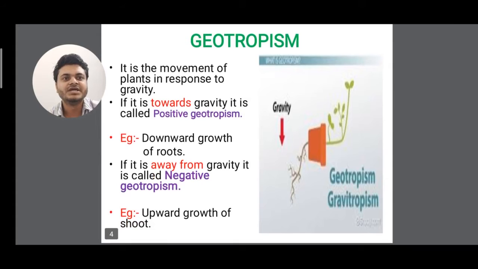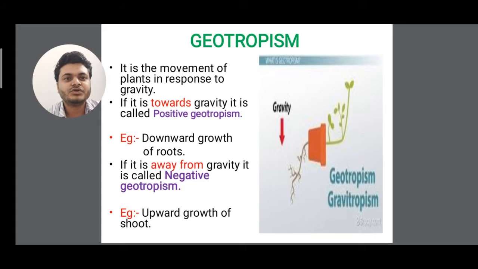Next, geotrophism. The word geo means what? Gravity, isn't it? So it is a movement of plant in response to gravity, and if it is towards the gravity, it's called positive geotrophism. Same thing as previous. If it is away from the gravity or against the gravity, it is called negative geotrophism.